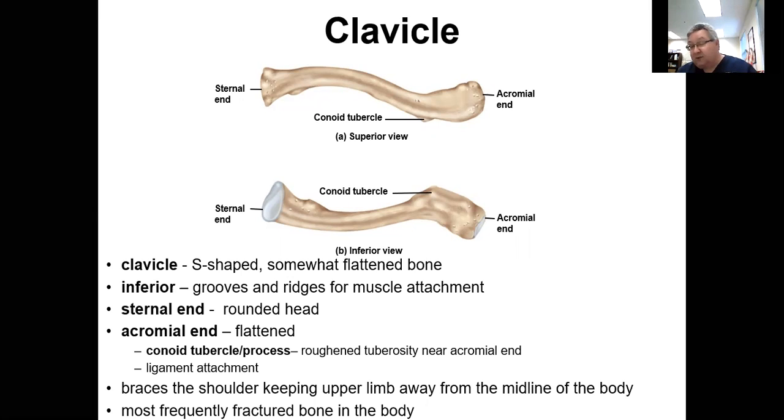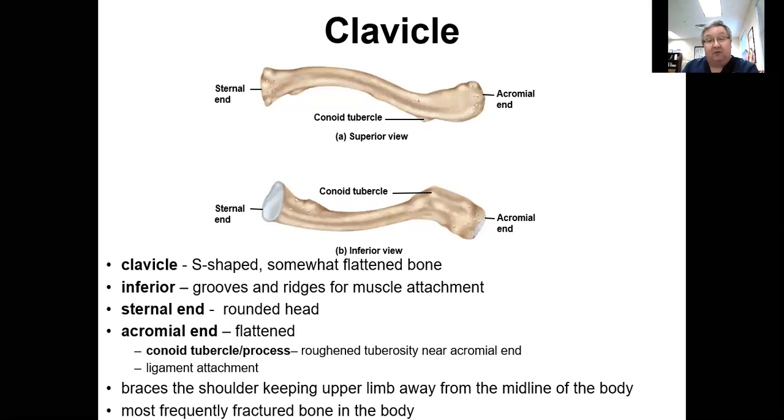Now, some of the muscles that come from the clavicle, the anterior deltoid. The origin of the anterior deltoid comes from the clavicle. The pectoralis major. Remember, part of the pectoralis major comes from the sternum and the clavicle.